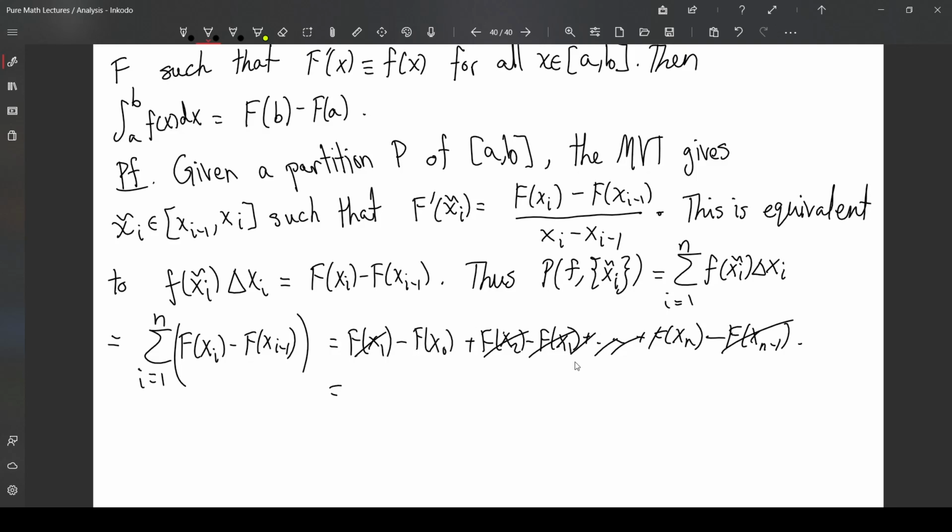But of course, these are F(b) and F(a), because the start and end values of the partition are the start and end values of the interval, namely a and b.